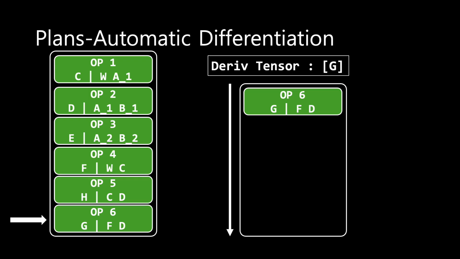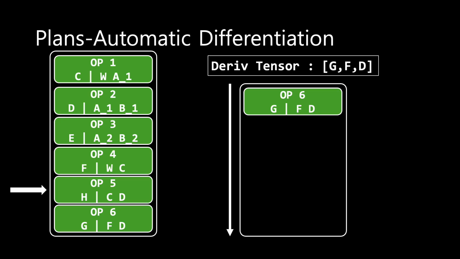We first call the backward function that has an upstream gradient in the deriv tensor list. OP6 has G as an upstream gradient, so we should call the backward function of OP6. After calling the operation, we put the downstream gradient of the operation we called into the deriv tensor list.